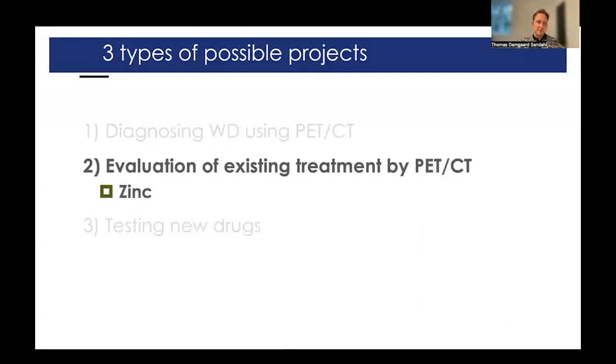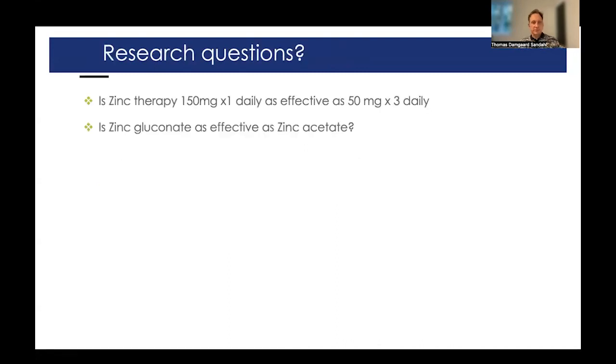So moving on to the second type of project I would like to talk to you about, namely the investigation of existing treatments by PET-CT, and we have here zinc as our investigation. The research question we asked, and this was actually done by my PhD student Emily, is: is zinc therapy 150 milligrams 1 time daily as efficient as the standard of care, that is 50 milligrams 3 times daily?